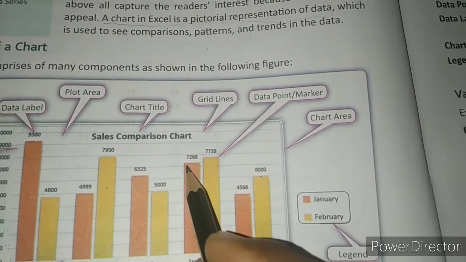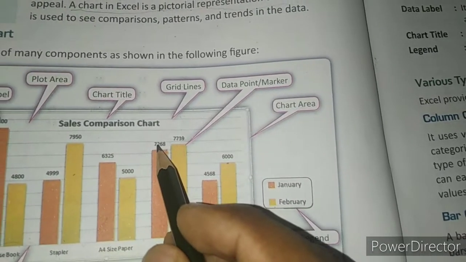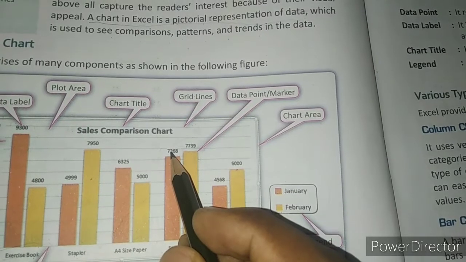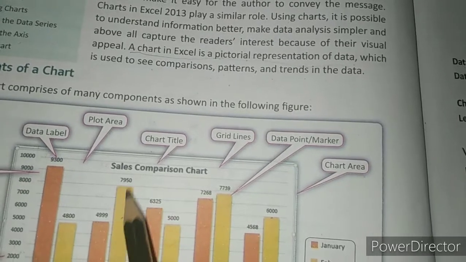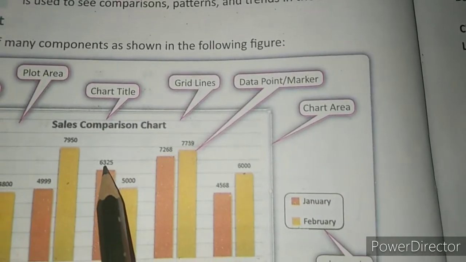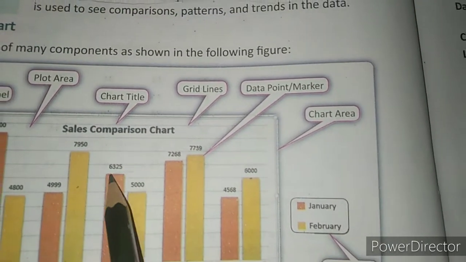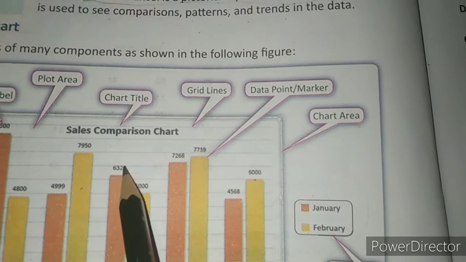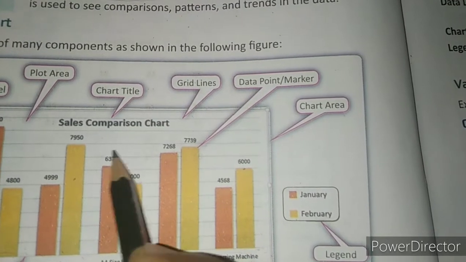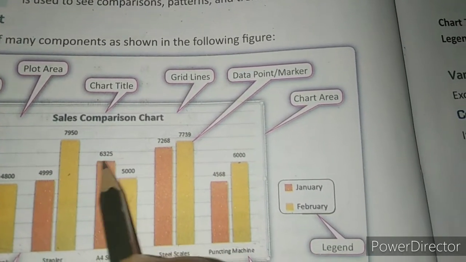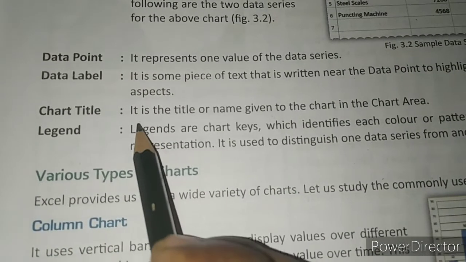So this is the data point and the things which have been written above it are the data label, right? Here 6325 is the data label and this is the data point. So the things which are written on the data point to highlight something are known as the data label, right?